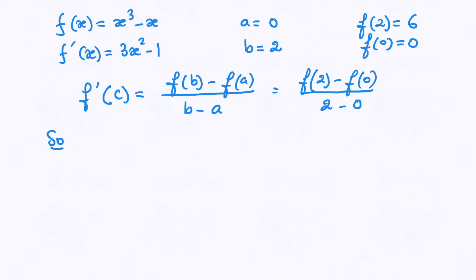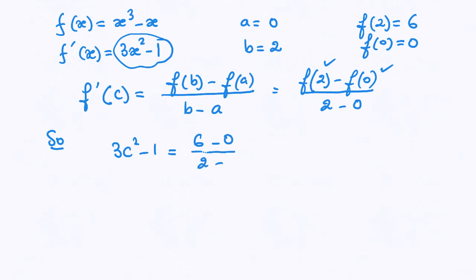So f dash of c will come from here, so it will be 3c squared minus 1. f of 2 is 6, f of 0 is 0, divided by 2 minus 0. So this equation becomes 3c squared minus 1 is equal to 3, which means that 3c squared is 4.